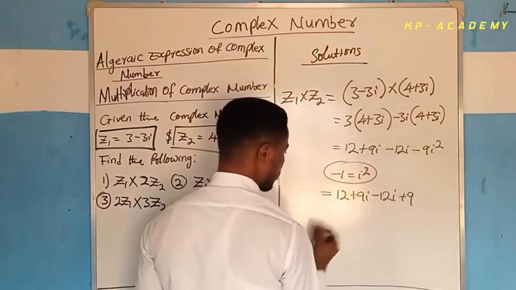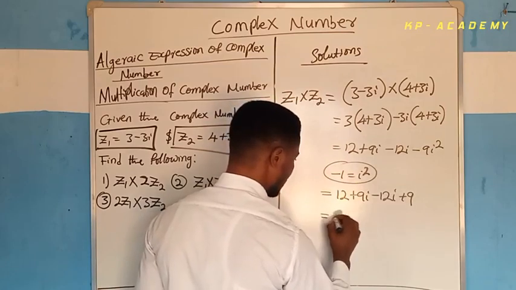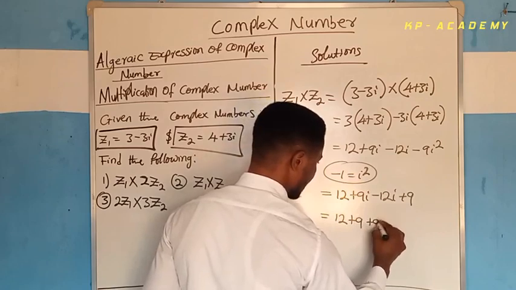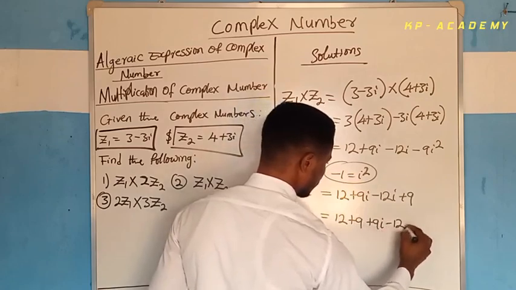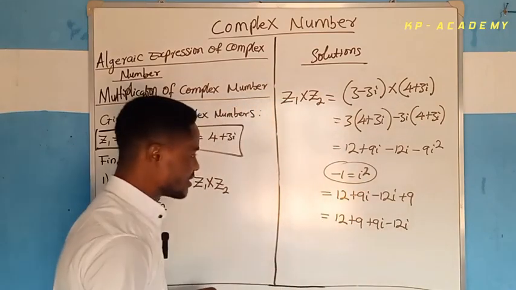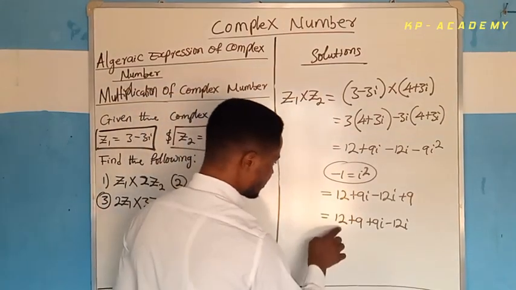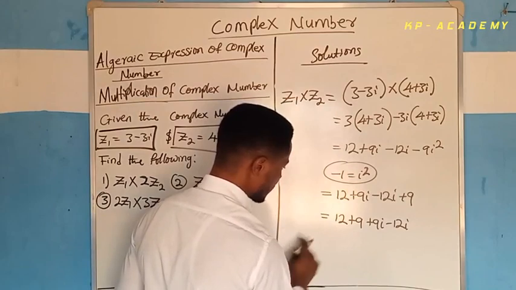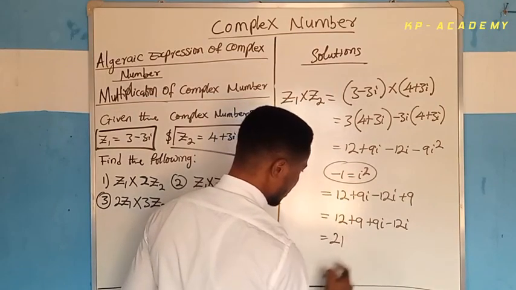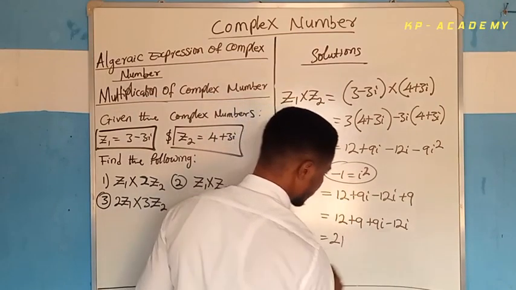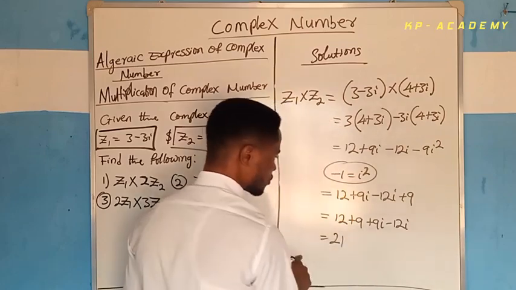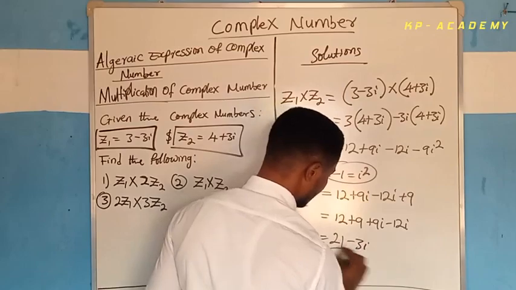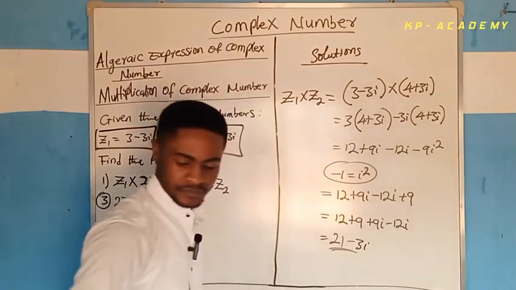At this point, I'm going to collect like terms: 12 plus 9 plus 9i minus 12i. Evaluating this further, 12 plus 9 gives 21, then 9i minus 12i gives minus 3i. So that is the answer.